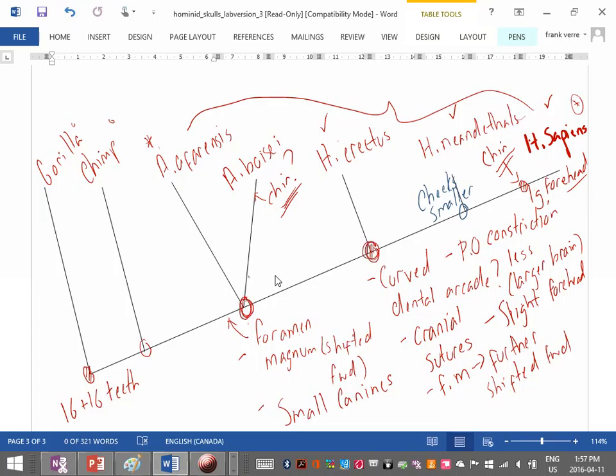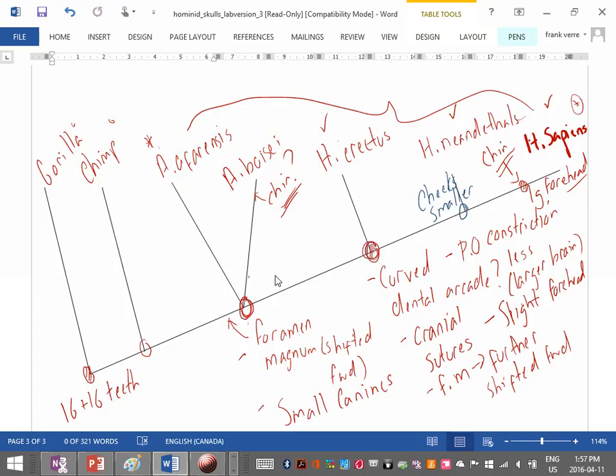Well, what about brain size? Very good. Afarensis has chimp-like brain size, especially when you line them up side by side. You can see they're almost the same. So afarensis has human-like and chimp-like characteristics.